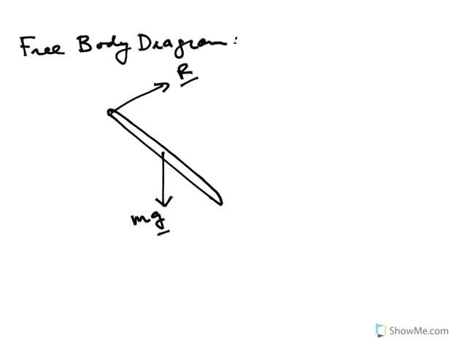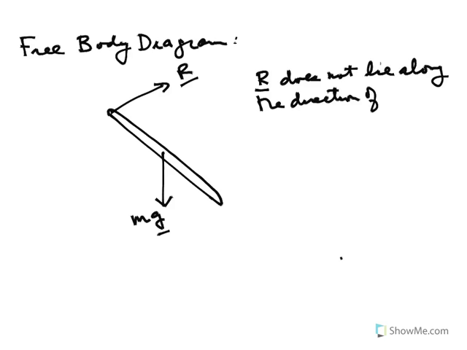Now, R does not lie along the arm. This is very important. R does not lie along the direction of the arm, because this is a rigid body. It's a distributed mass rigid body. It's not a particle.